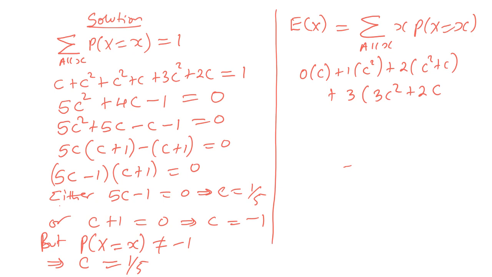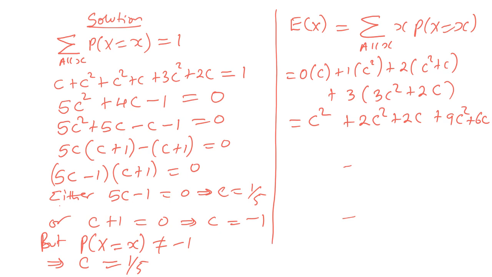So let's multiply. This is C squared, we have C squared plus 2C squared plus 2C plus 9C squared plus 6C. So what do we get?